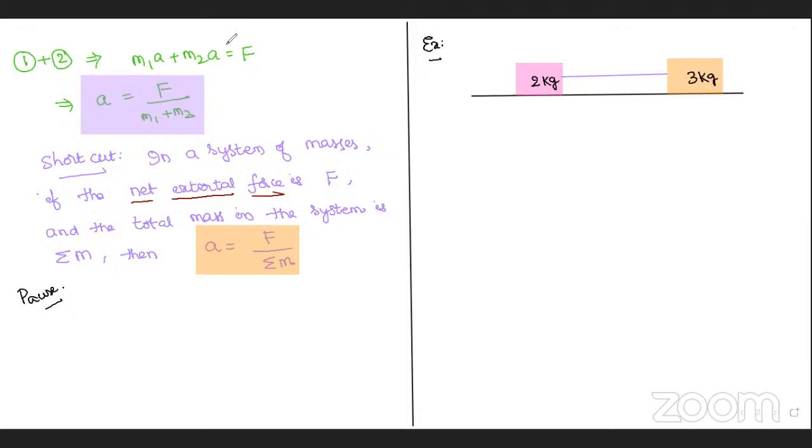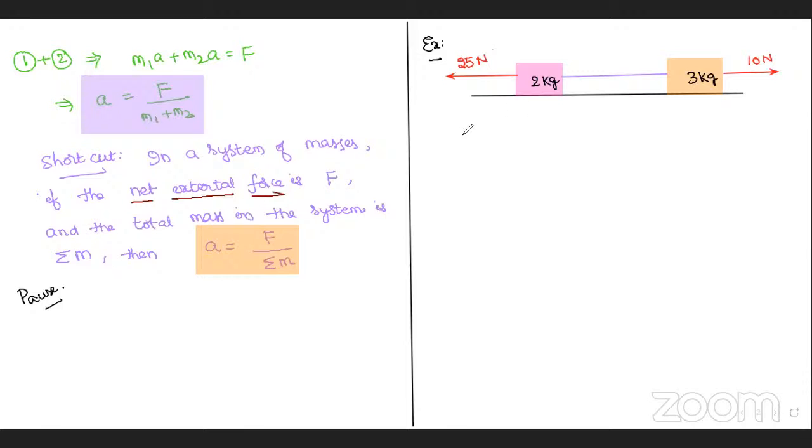Wisely, he applied one force towards the right on the first mass, and another force on the second mass. Suppose this force is 10 newtons, and this force is 25 newtons.